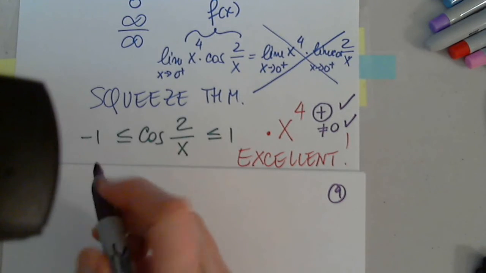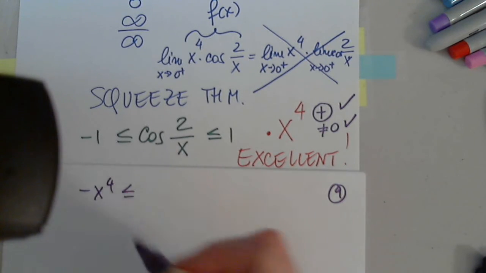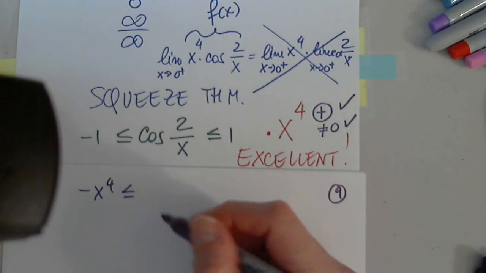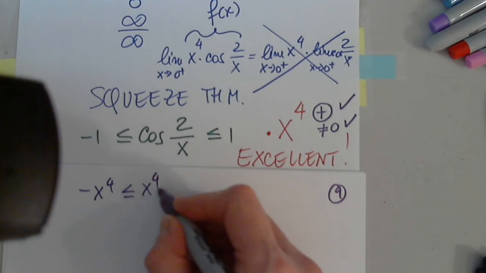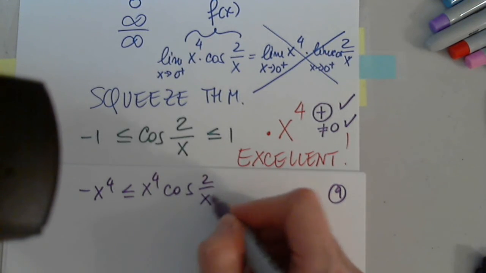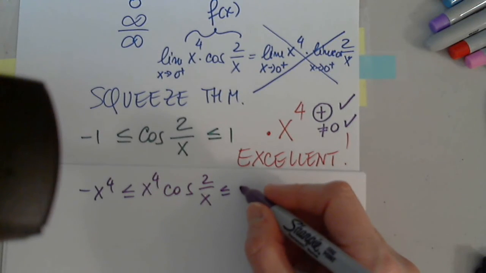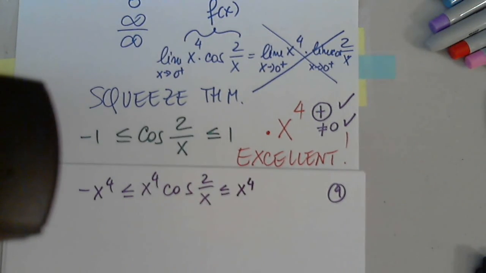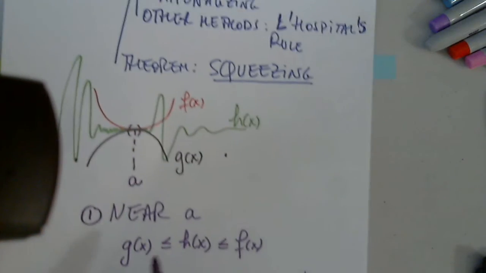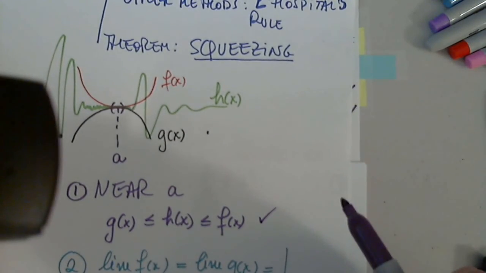Well, negative x to the 4. And then in the middle will be x to the 4th times cosine 2 over x. So it'll look like what we started with. And then it'll be x to the 4th. Excellent. Great job. So the first condition is done.